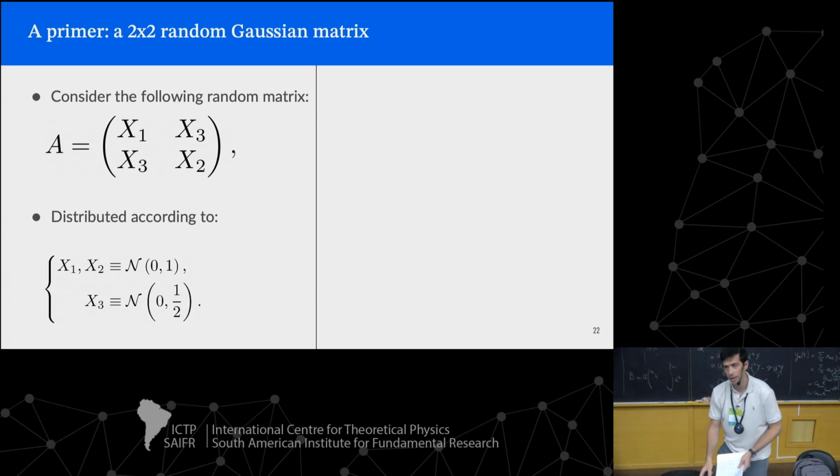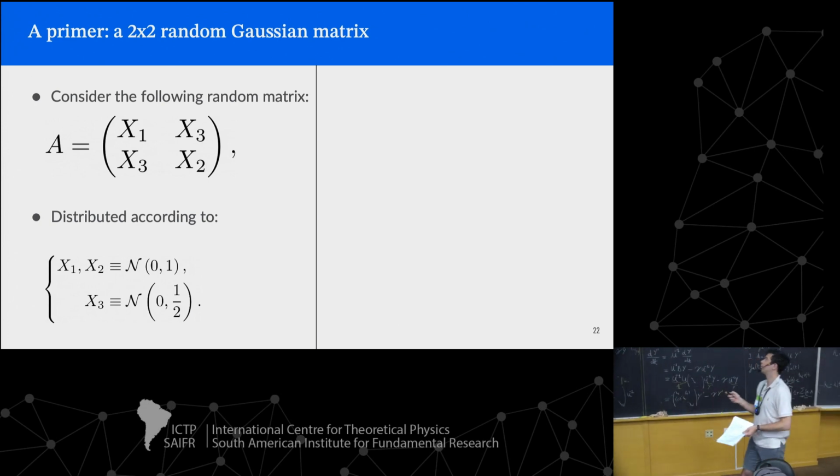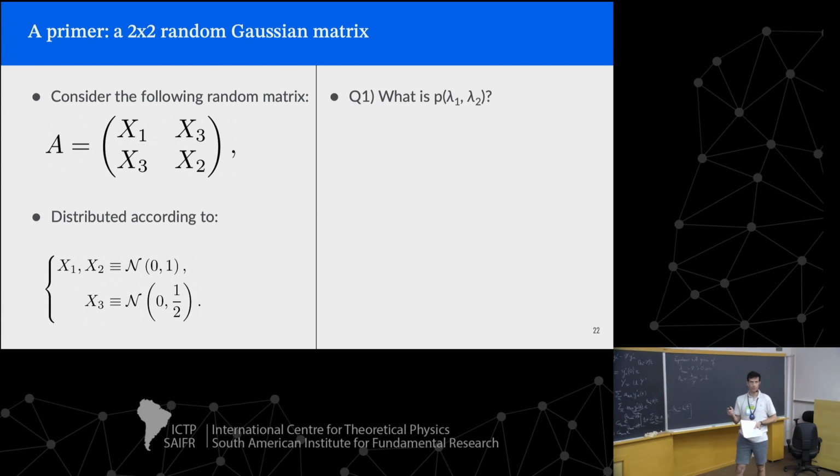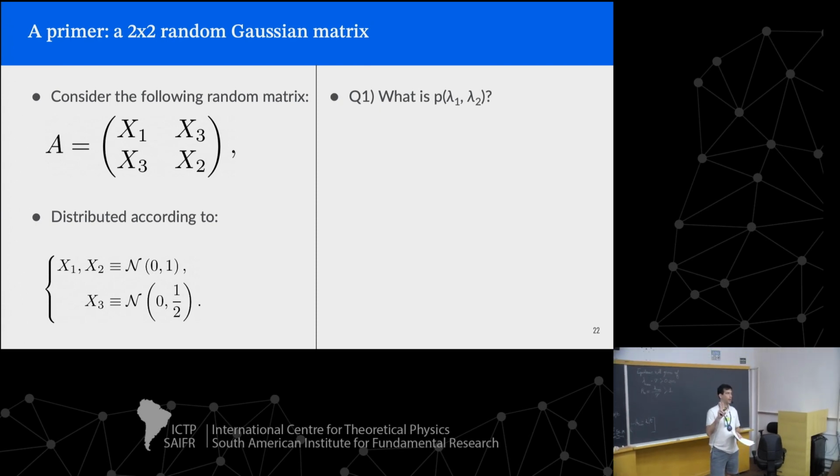And I'm asking 2 questions. The first question is, what is the joint probability distribution of the 2 eigenvalues? Here I had n eigenvalues, in this problem I have 2. But what is their probability distribution after all? Because it's related to the question I was showing here.